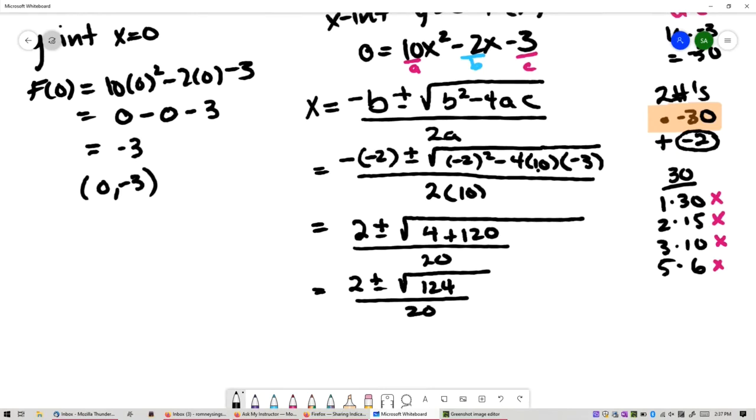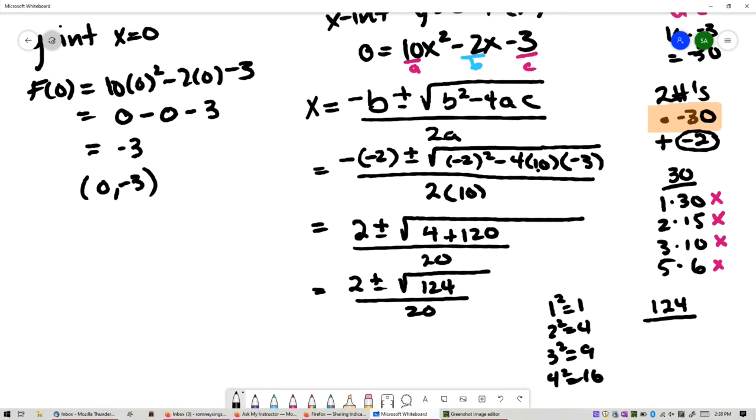When you're simplifying the radical, you want to look for perfect squares that are a factor of 124. Now, if you don't know perfect squares off the top of your head, you can work them out. Perfect squares are 1 squared, which is 1, 2 squared is 4, 3 squared is 9, 4 squared is 16.